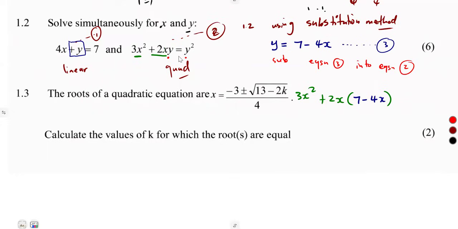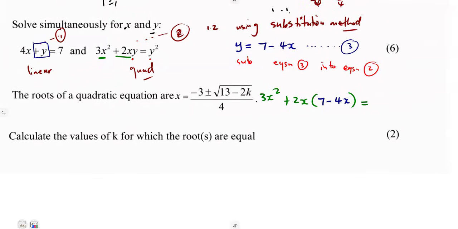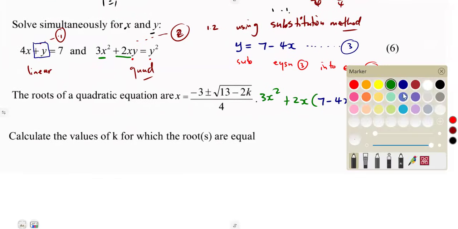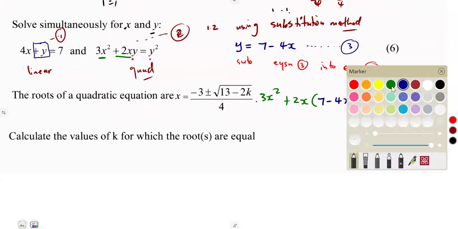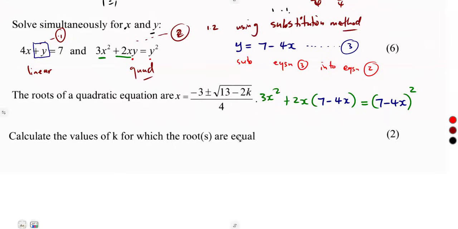This is equal to what? Y squared. Y is what? 7 minus 4x. So it means you are going to square that. 7 minus 4x, you are going to square this. So that is our condition.